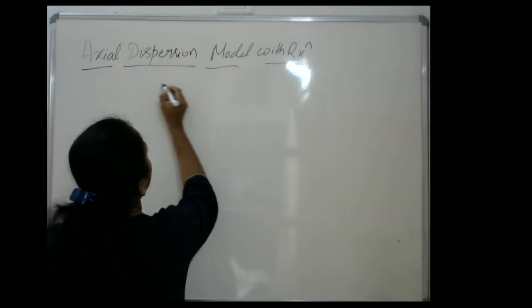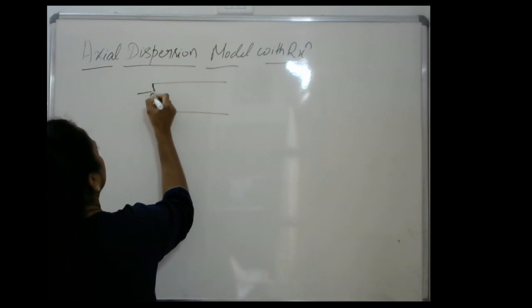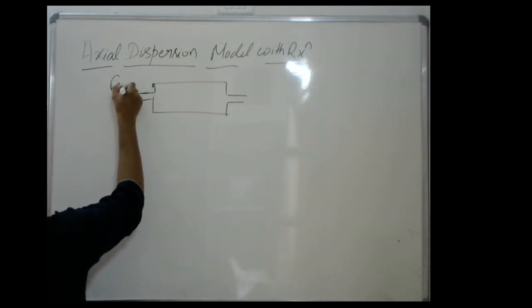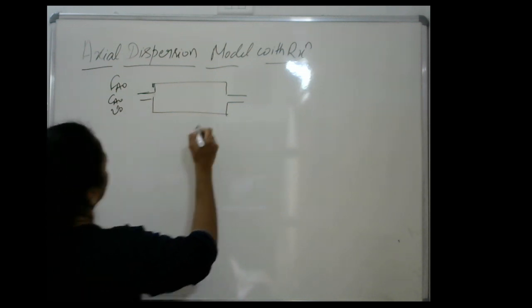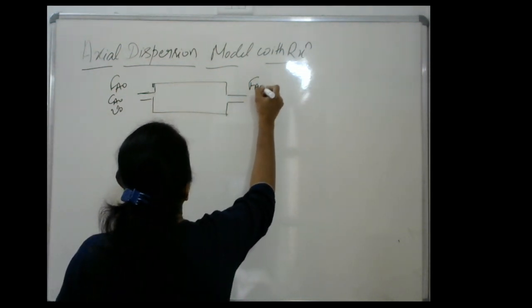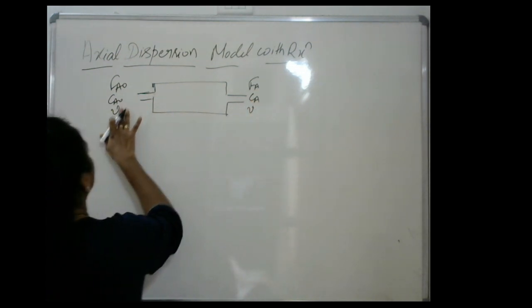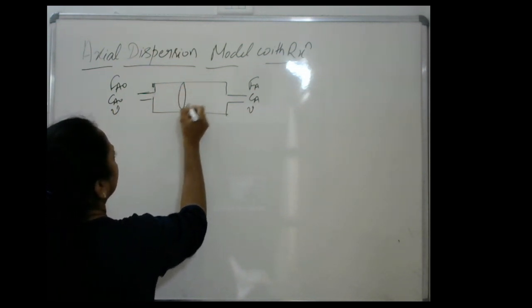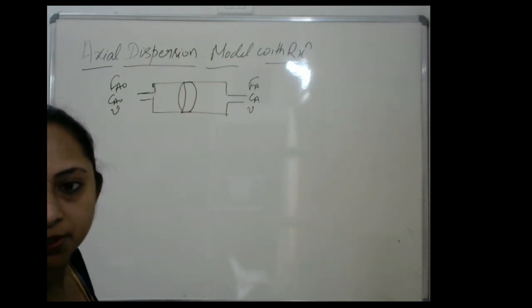Let me go with the diagram. Let me take the plug flow reactor. The conditions at the inlet are FA0, CA0, V0, and here it is FA, CA, V. Let me consider a differential element of thickness delta x.